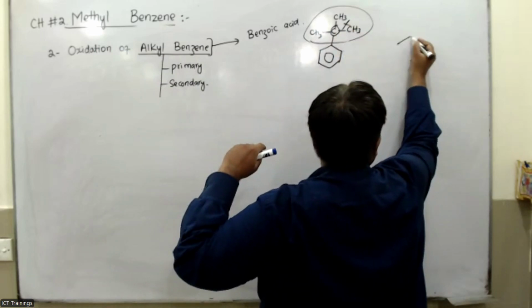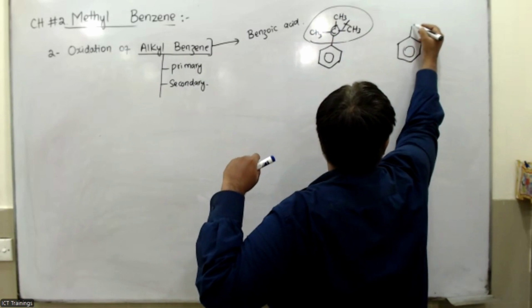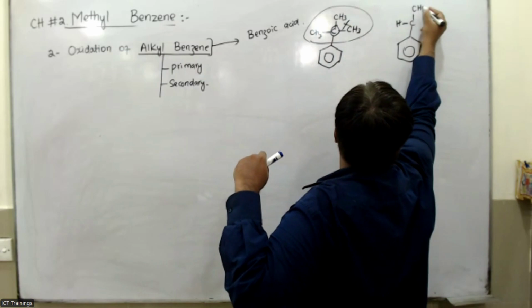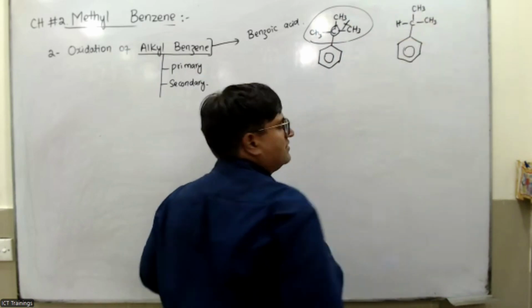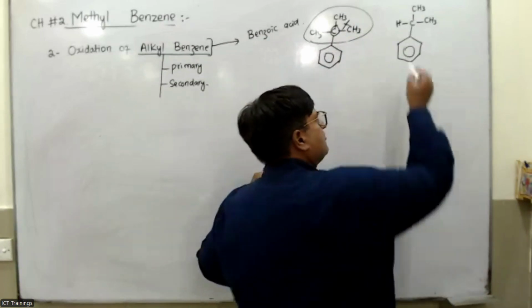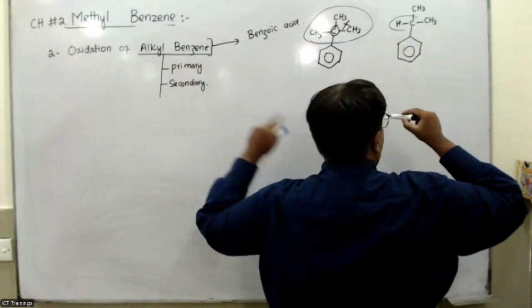If this one contains carbon, hydrogen, CH3 and CH3, then it can undergo the oxidation reaction. Why? Because it contains one hydrogen. So this is the secondary alkyl benzene.